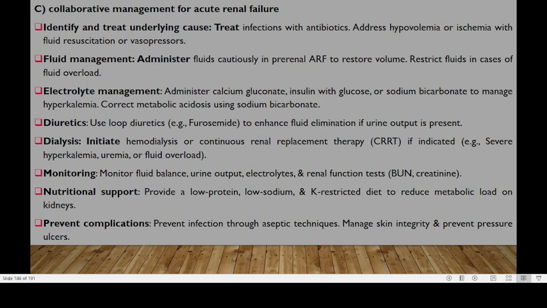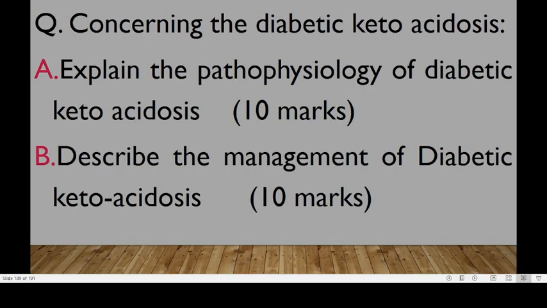You initiate hemodialysis or continuous renal replacement therapy if indicated. You monitor fluid balance, urine output, electrolytes, and renal function tests. You also provide a low protein, low sodium, potassium restricted diet to reduce metabolic load on the kidneys and prevent infection through use of aseptic techniques.